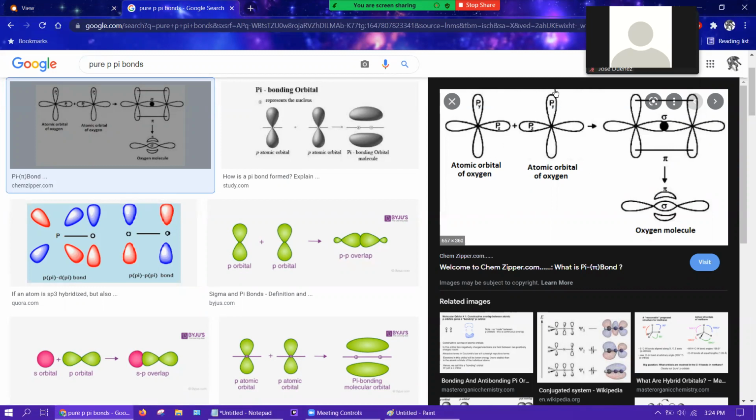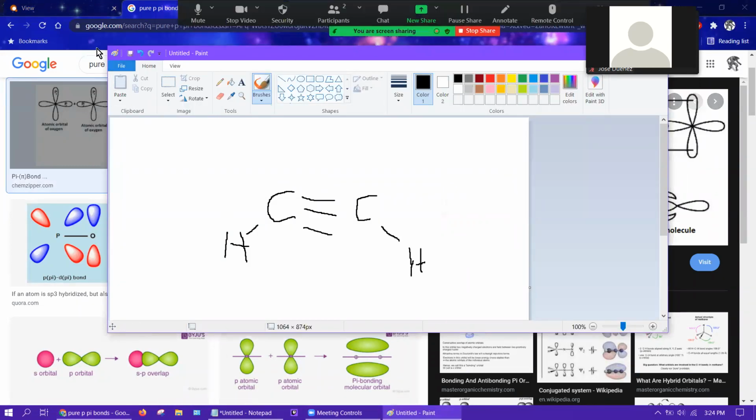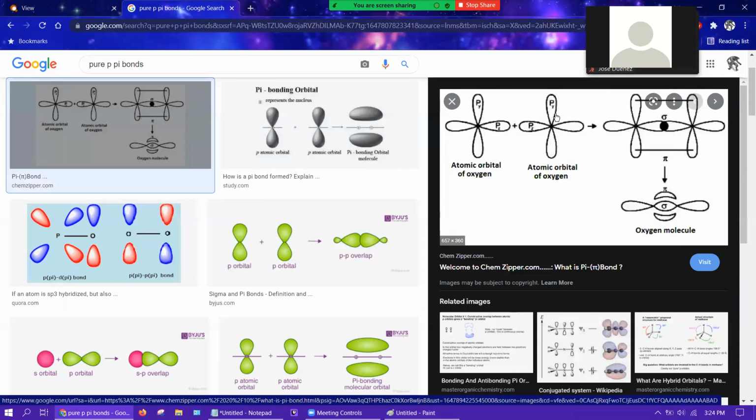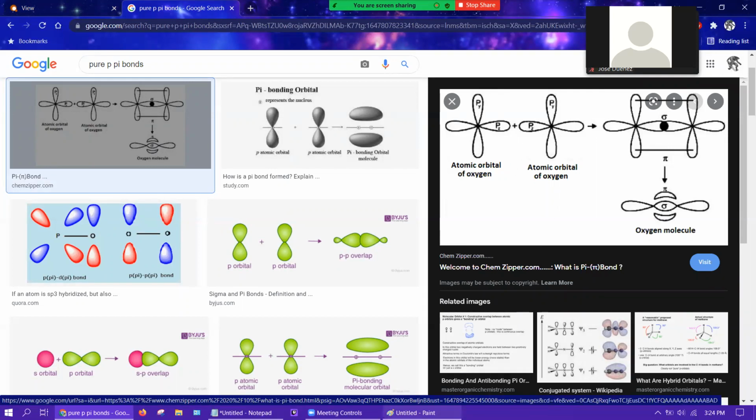Basically, you have the p orbitals like this, and when you have a double bond, that causes a pi bond like this, or 2 of them. The first one usually hybridizes with the s, but the second and third p orbitals, the peanut shape, are just p orbitals by themselves, not hybridized at all.